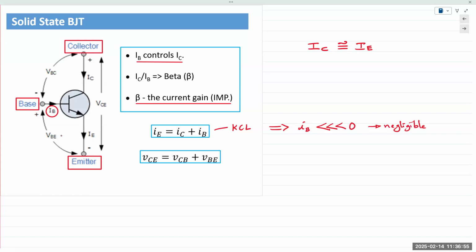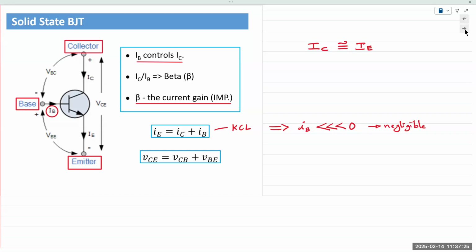Okay. That's the amplifying effect. In reality, what's happening is we have a voltage being applied between the collector and the emitter. And then if you apply an AC signal at the base, then the collector current and the collector to emitter voltage take on the shape of the AC input signal, and you get an amplified output.